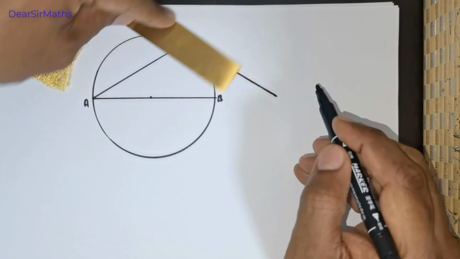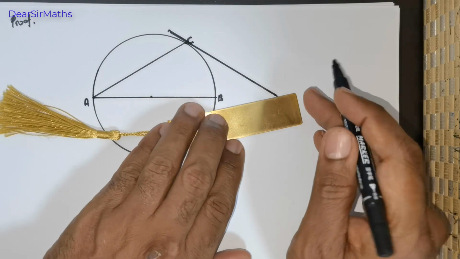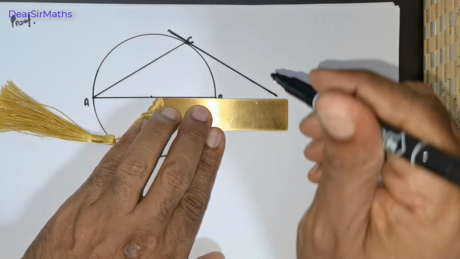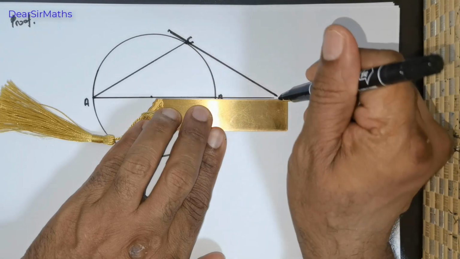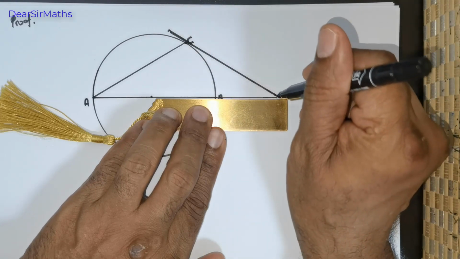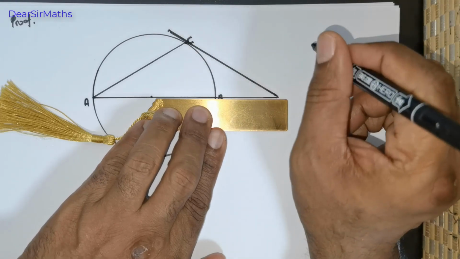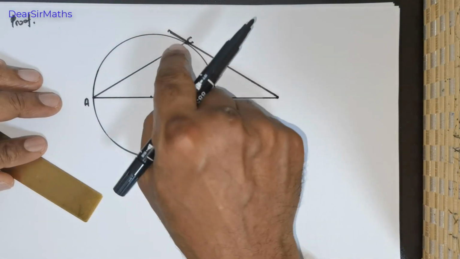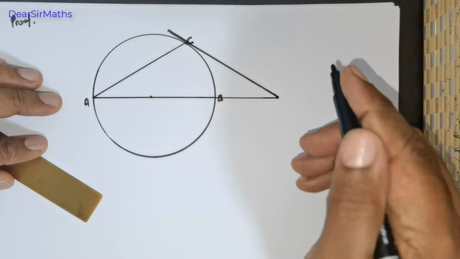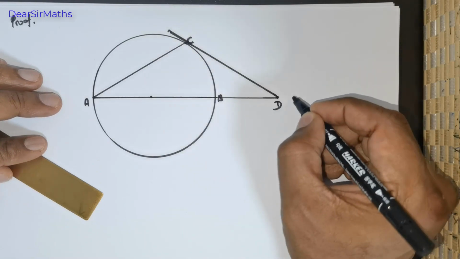Now this tangent is intersecting with the extended line that is actually the diameter of the circle AB. Right? So there is an intersection at this particular point. There is a tangent here, and let me take this as D.